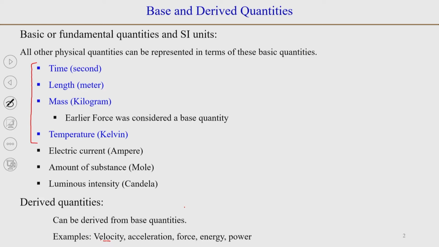All these are derived quantities whose units we can write in terms of the base quantities. For example, the unit of velocity is meters per second, so length per unit time. Similarly, acceleration is L t raised to the power minus 2, and force is mass into acceleration, so m L t raised to the power minus 2, and so on.